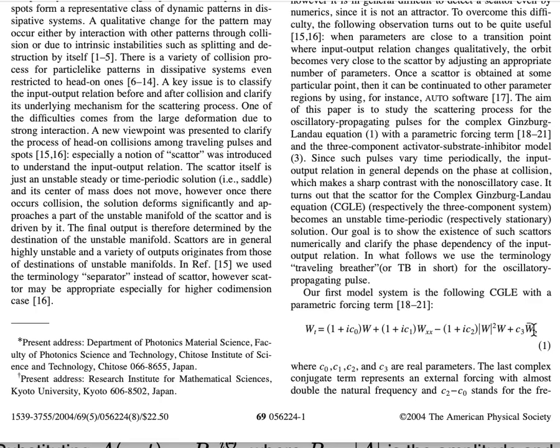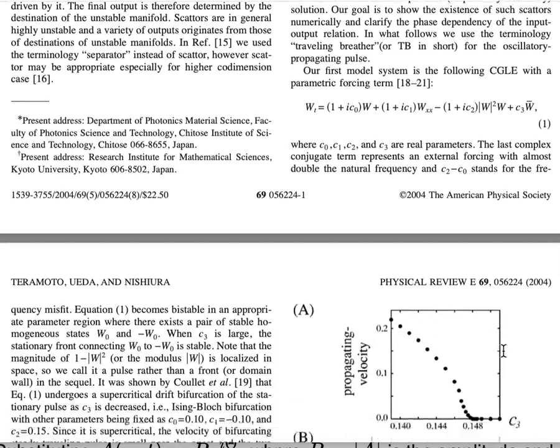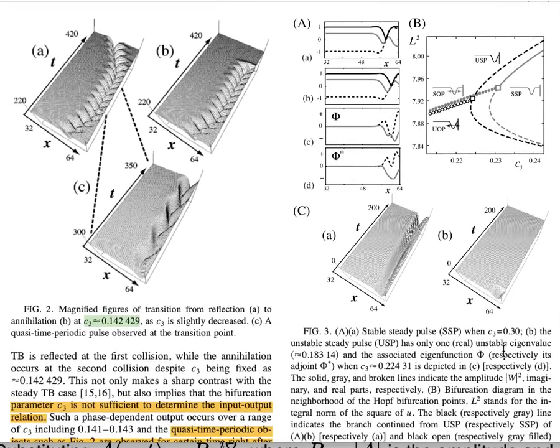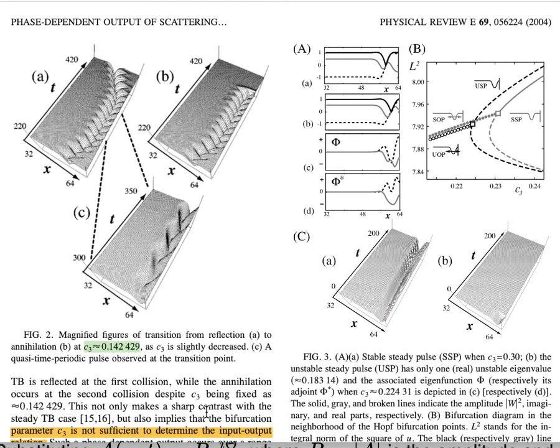And in particular, when you make this parameter C3 smaller than a certain value, I'm going to show the figure. This is the figure. So depending on the value of this C3, if the value is slightly above this value, and we are using appropriate boundary conditions, such as Neumann, for instance, then the breather is going to bounce off once it hits the wall.